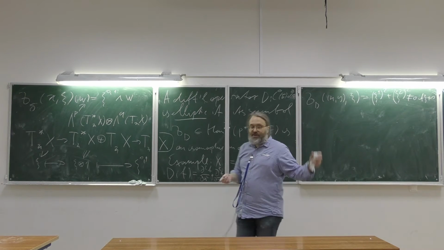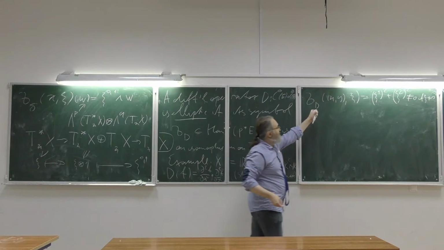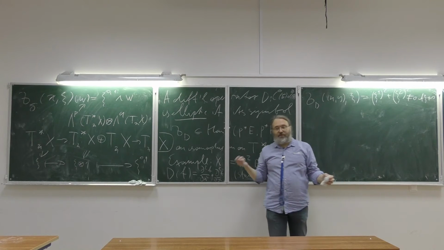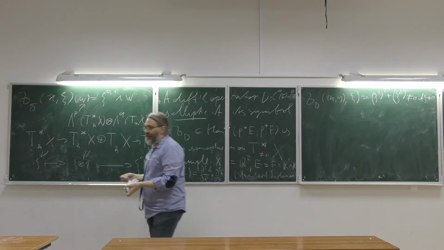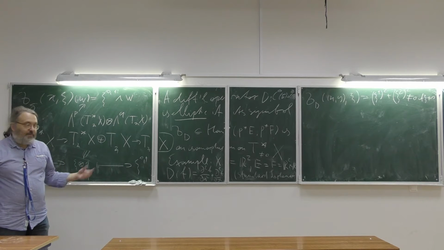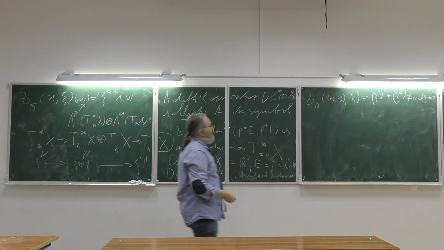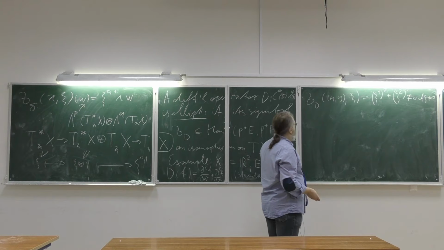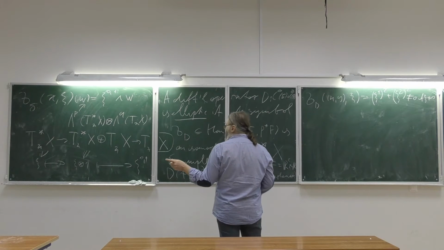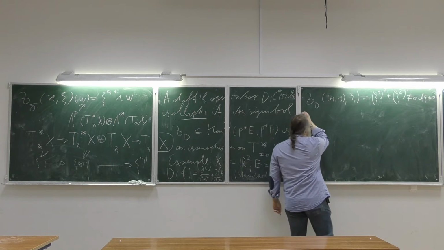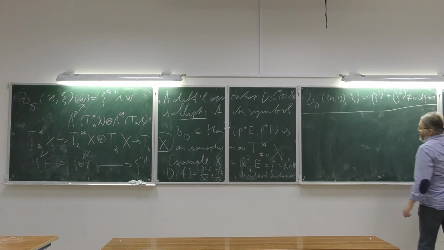And later on, we'll see how to generalize this example to an arbitrary Riemannian manifold. Okay. Now we know what an elliptic operator is.